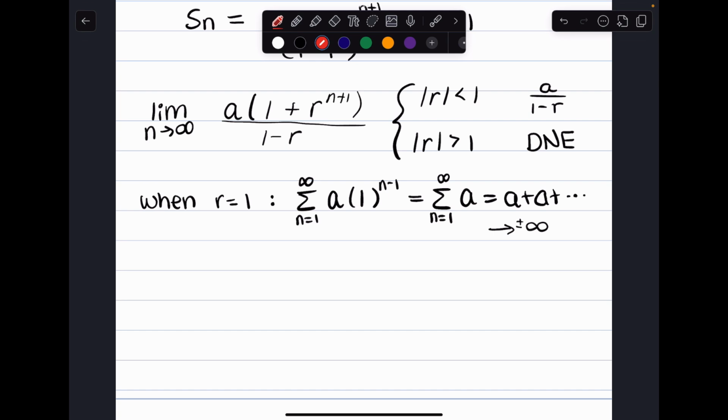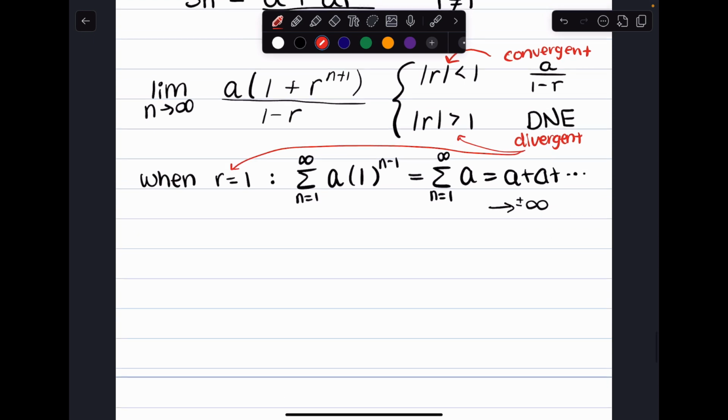So here we have convergent for absolute value of r less than 1, and we have divergent for absolute value of r greater than 1, or if r is equal to 1.